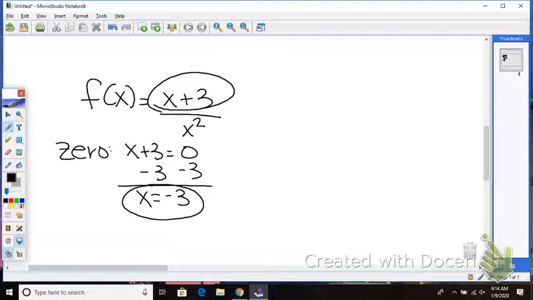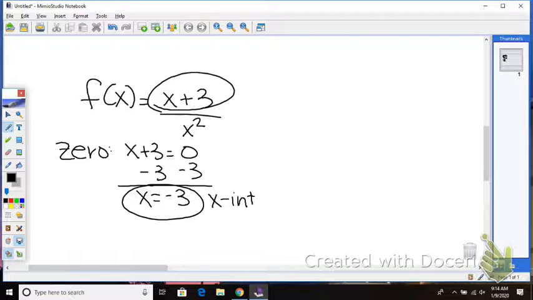So this is the zero. When I say the zero, I don't mean a number, it's really just the x-intercept. Exciting? Very.